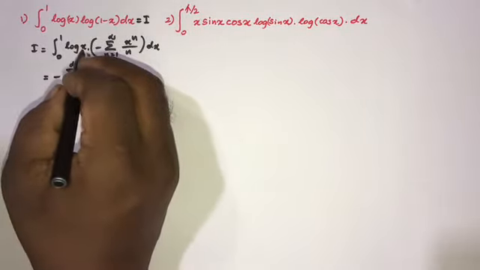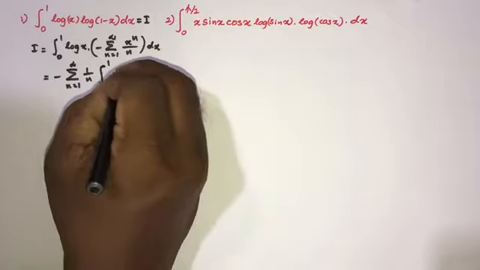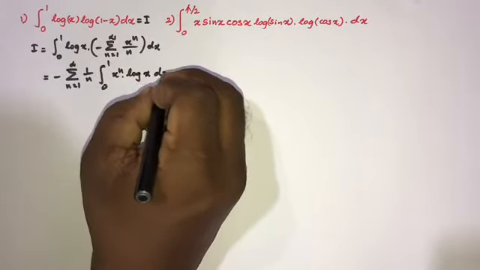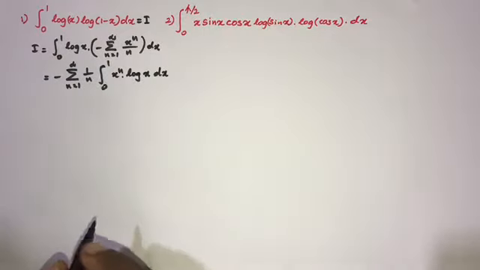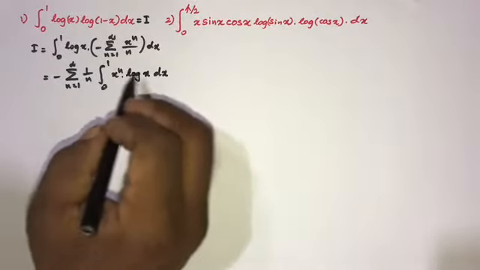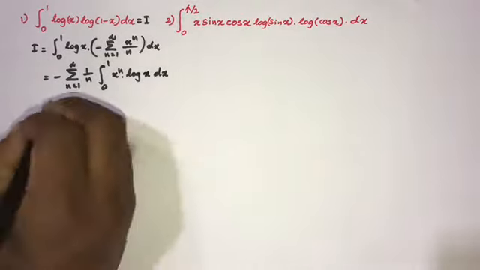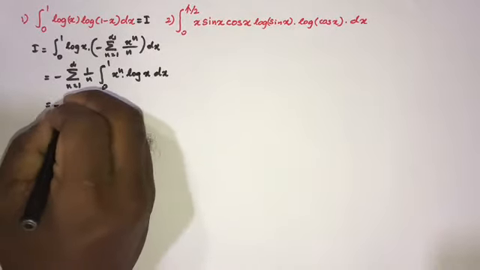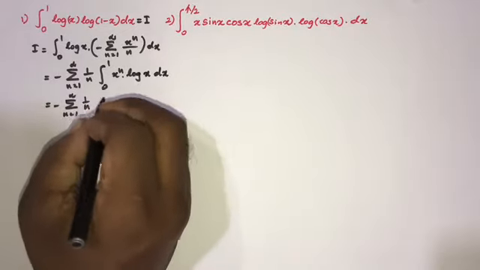Now x to the n times natural log of x dx. Okay, now how to evaluate this integral? Okay, here minus infinite sum n is equal 1 to infinity 1 over n.